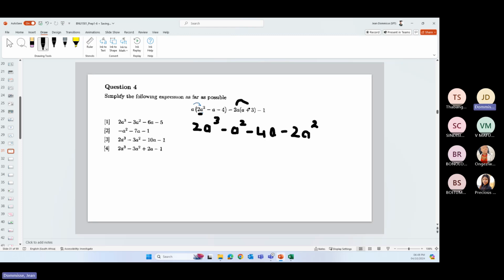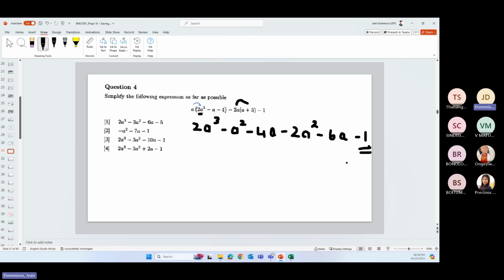Minus 2a times 3 is minus 6a. And then we've got minus 1 at the end. So if I look at this, I want to say let's start with a to the power of 3, but actually I want to say let's start with the numbers that don't have an a. So we've got minus 1.